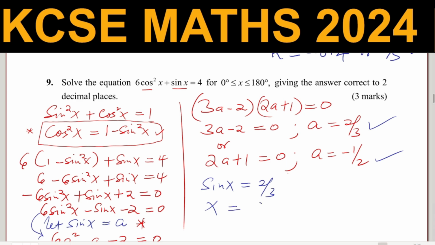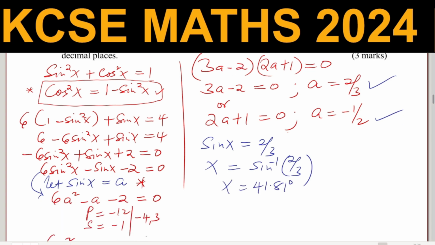You get x by getting the sine inverse of 2/3, and this one will give 41.81. So x will be 41.81 degrees.